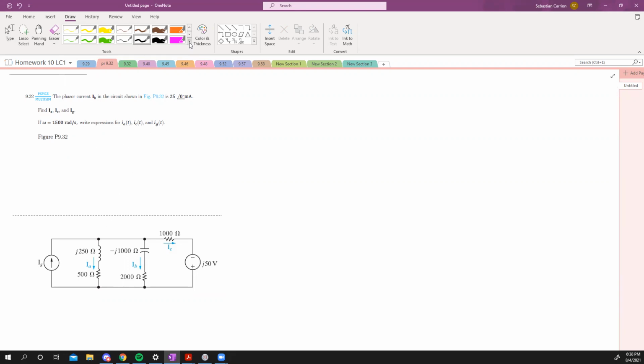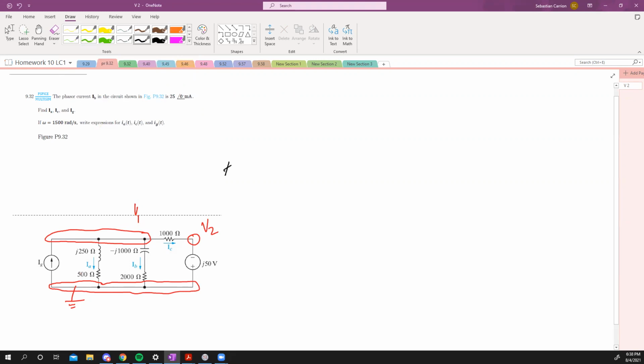All right, so let's go ahead and label this circuit. Now the bottom is ground, and I'm going to call this V1, and this V2. Everything else is labeled, so we can write our equations.